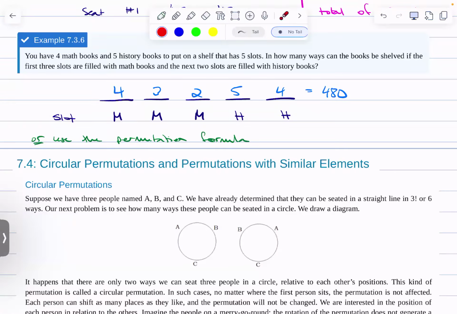So from 4 math books, you want to fill 3 slots, 4P3. And, so and means multiplication. So times, because it's and, 2 slots with history books. So from 5, pick 2.